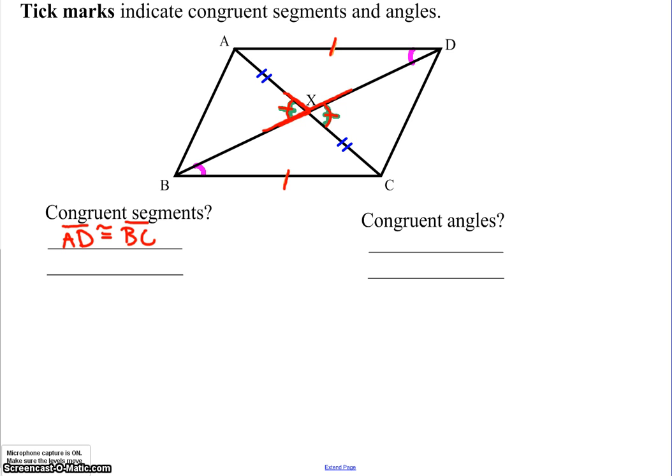You need to use 3 letters there. So I could call this one on the left angle AXB. That's not the only way to do it. You could have called that angle BXA. As long as X is that vertex angle, then we're probably good.